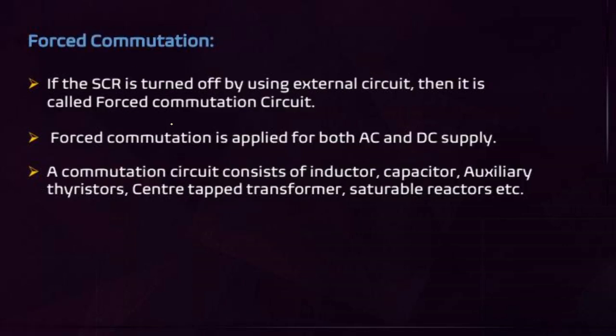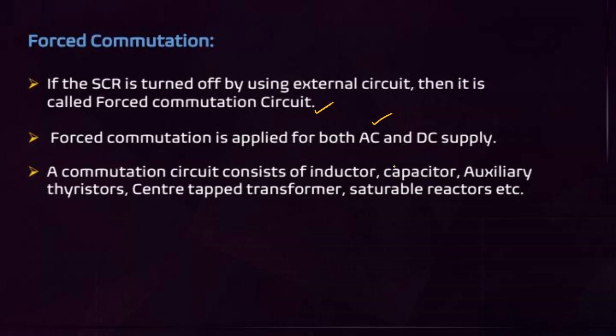Then forced commutation. If the SCR is turned off by using an external circuit, then it is called forced commutation. Forced commutation we can employ for both AC and DC. In the AC case also you can apply forced commutation if you want to turn off the thyristor before reversal of the supply. Even for the DC case, we can apply the forced commutation method. A commutation circuit consists of inductor, capacitor, auxiliary thyristor, center tap transformer, etc. Different commutation methods consist of different elements.